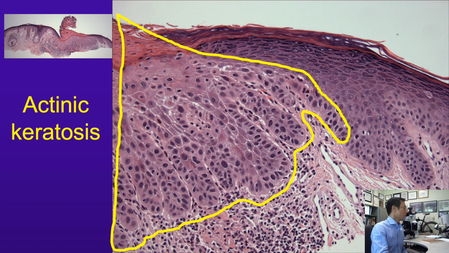Within the keratosis, we can see some atypical nuclei, large, hyperchromatic, crowded, and mostly in the lower portion of the epidermis. At the top of the lesion, we have an abnormal stratum corneum. This is parakeratosis, characterized by retention of the keratinocyte nuclei. Remember, in ortho or normal keratinization, the nuclei are lost. Here they are retained.